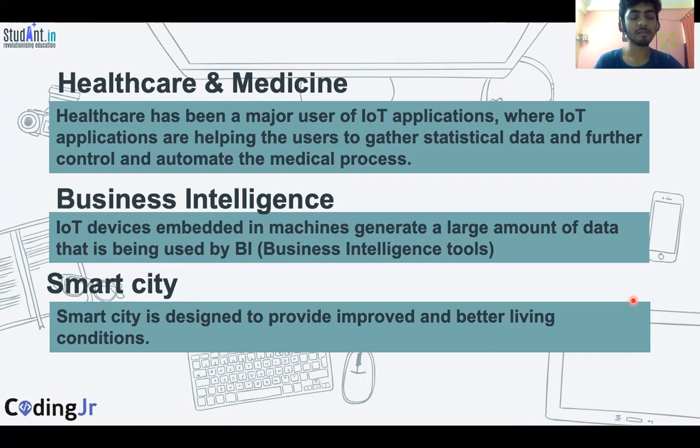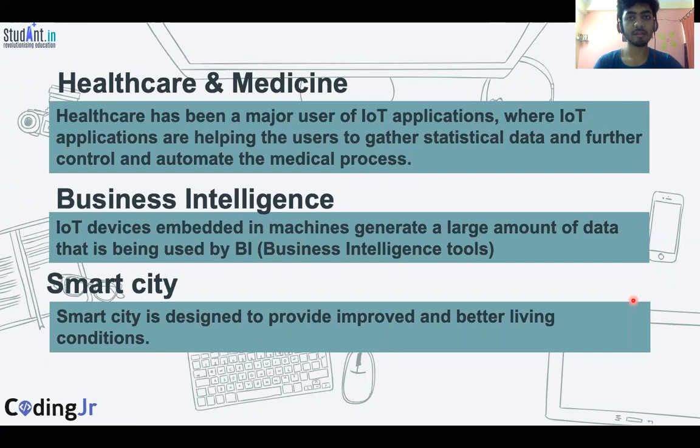The second one is that IoT is used in business intelligence. I told you these IoT devices are embedded with sensors, and the sensors detect their surroundings, right? What these sensors do is create data.